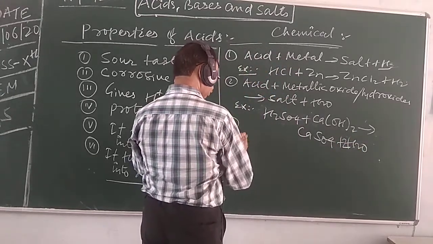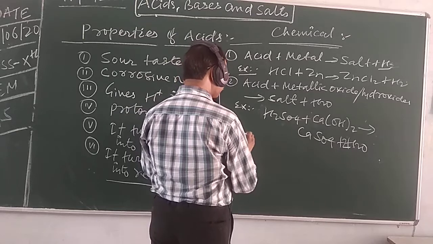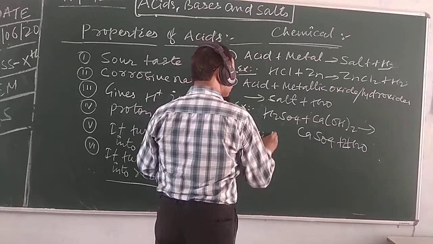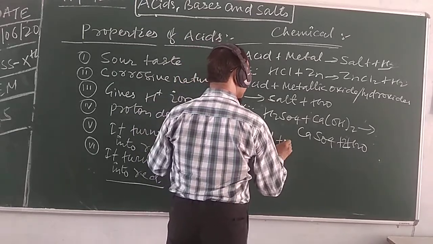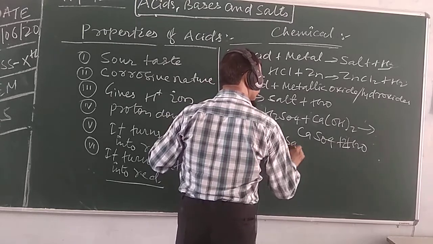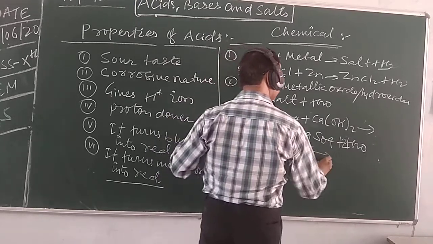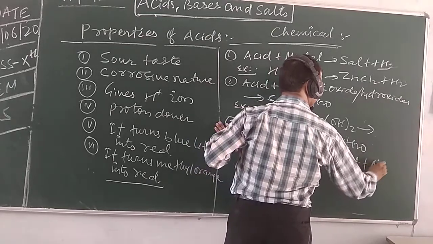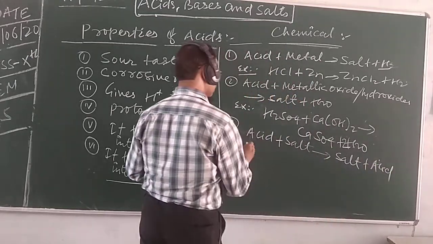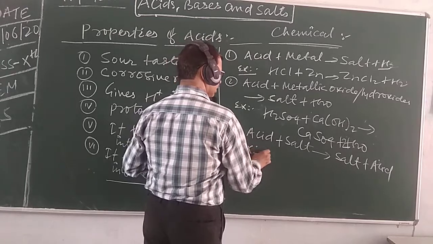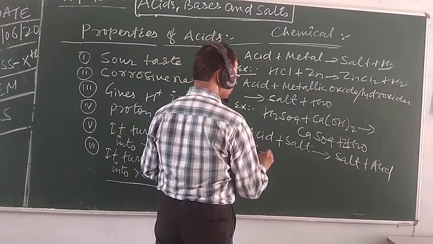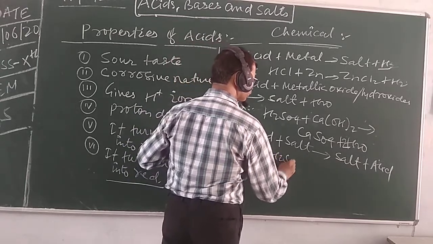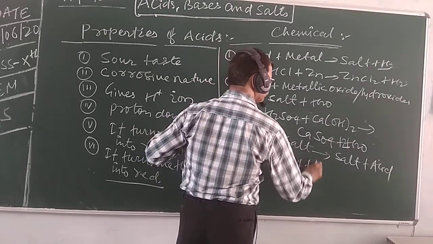Third is, whenever acid reacts with salt once again, then what is formed? Salt and acid. Salt plus acid. For example of this reaction, you just write here H2SO4 plus sodium chloride.